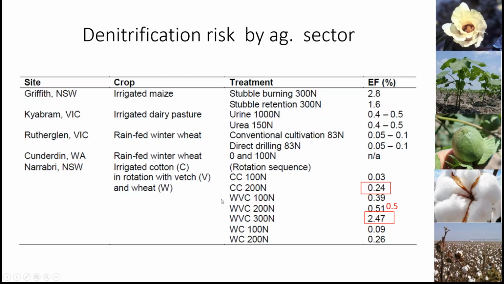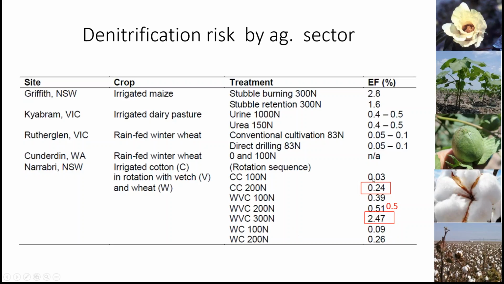And you can see the recent research that's been done in cotton shows there are a range of emission factors for nitrous oxide from cotton production, and those ones that are the most concerning are where there is reasonable nitrogen in the soil at sowing or available for mineralisation, and the fertiliser rates are far in excess of what the actual crop can use, and we end up with emission factors 5 times what we would say is an acceptable amount, or the industry average.